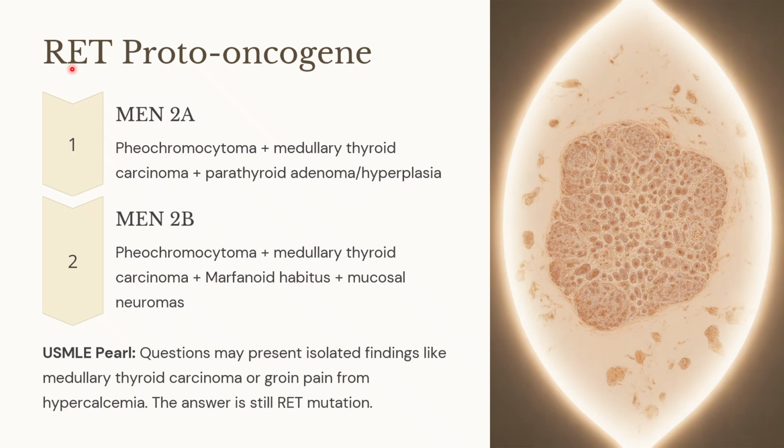MEN2 will result in pheochromocytoma and medullary carcinoma of the thyroid, while 2A will be associated with parathyroid adenoma or hyperplasia, whereas 2B will be associated with marfanoid habitus and mucosal neuromas. So these presentations can even appear in isolation, and we need to find the syndrome behind them.